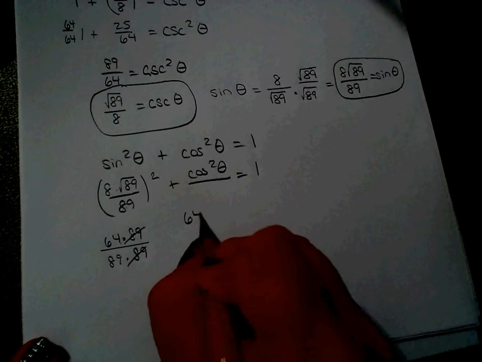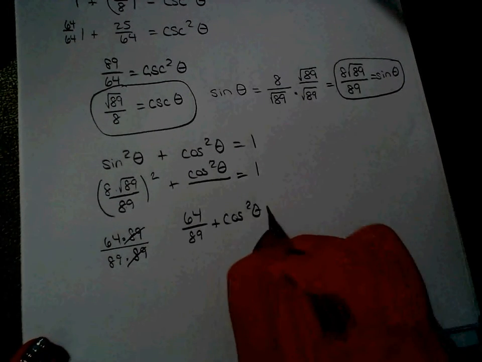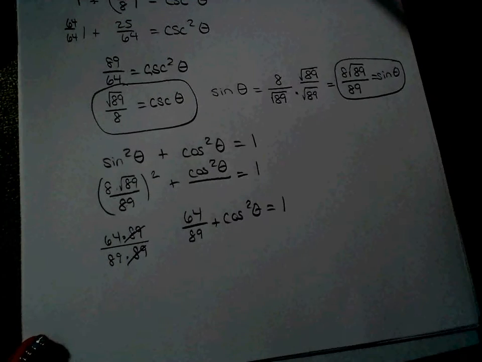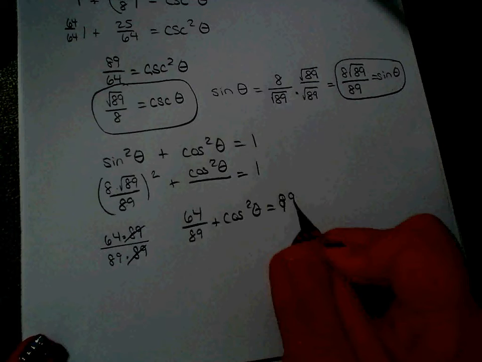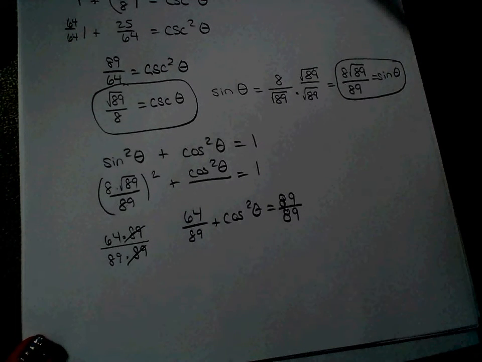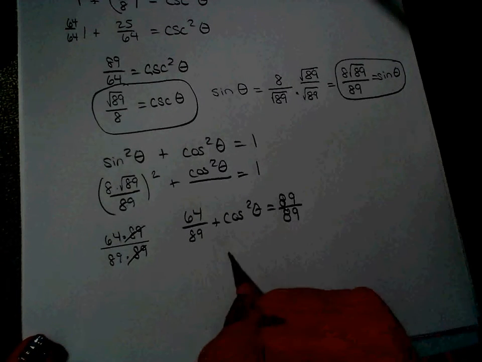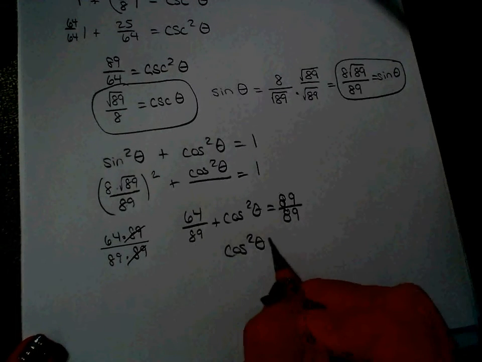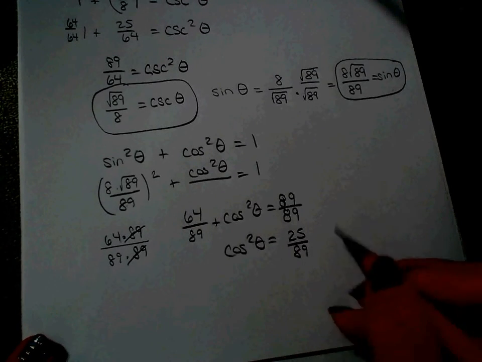So now I've got 64 over 89 plus cosine squared equals 1. I need to turn the 1 into 89s. So it's going to become 89 89ths. Move the 64 89ths over by subtracting it, and I get cosine squared equals 25 89ths.